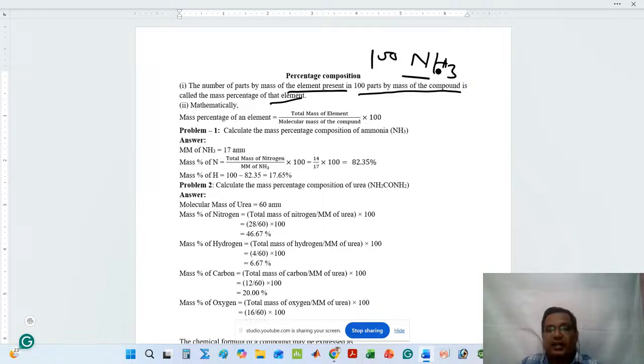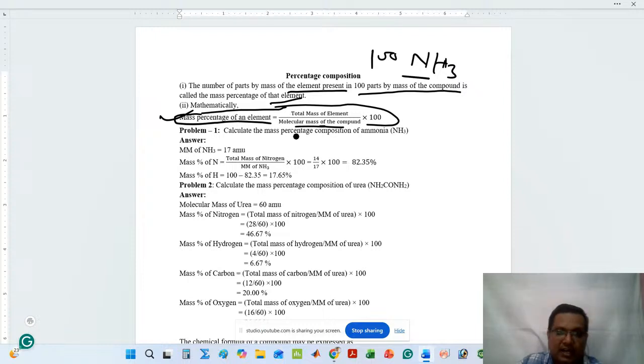Similarly, you can find the percentage composition of hydrogen. The mathematical formula to find the mass percentage of an element is given here. Mass percentage of an element equals total mass of the element divided by molecular mass of the compound, into 100. By using this formula, you can find the percentage composition of an element.